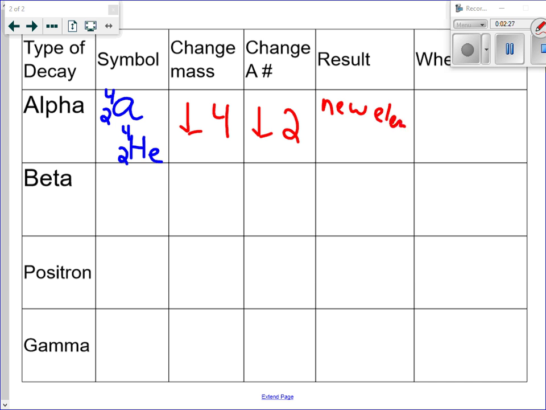If the protons change, you have a new element. And the mass has changed as well in this one. The mass has gone down by 4.